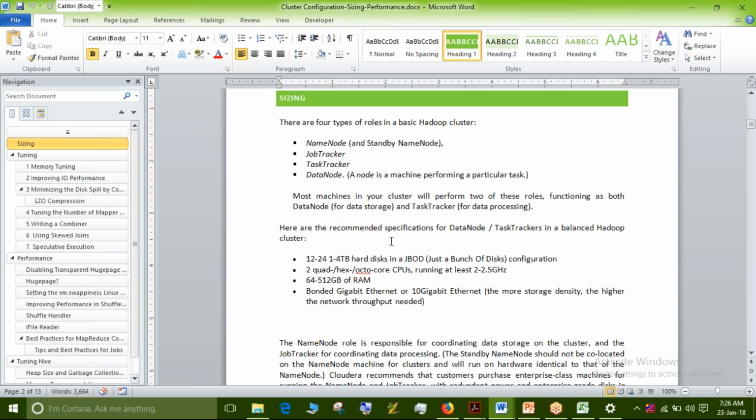What do you mean by balanced Hadoop cluster? Do you have any idea or clue on what you mean by balanced cluster?